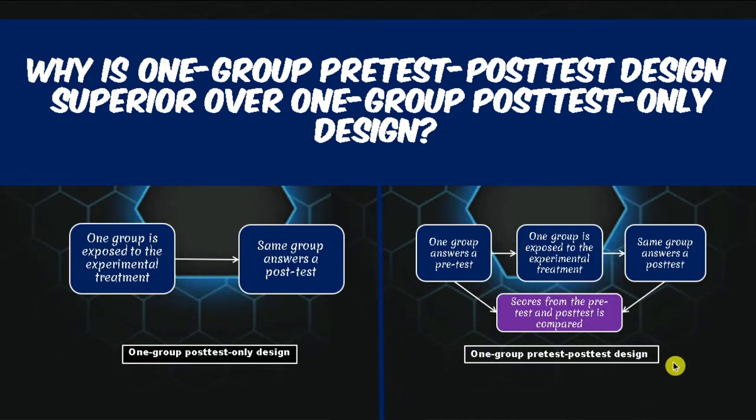So internal validity is higher here, is better than this. Because again, internal validity is making sure that's the extent of your confidence that what we are observing in the dependent variable, the changes in the dependent variable, is due to your treatment and not because of other factors.